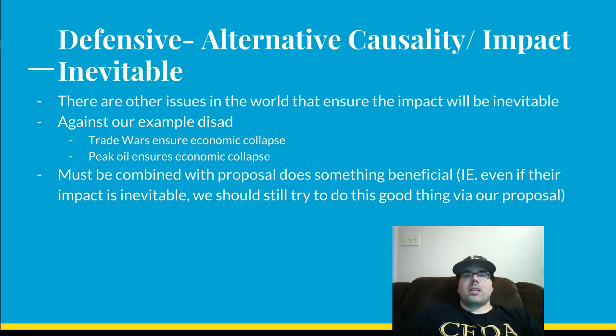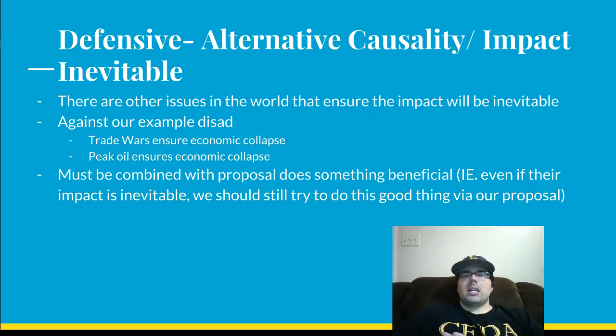Or you could say that the impact is inevitable also because wars are inevitable because of other reasons that are not based upon the economy, which sort of, both of those arguments basically say those impacts are inevitable.